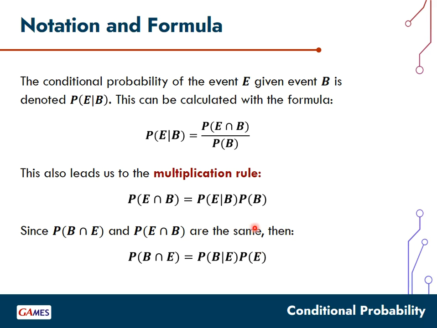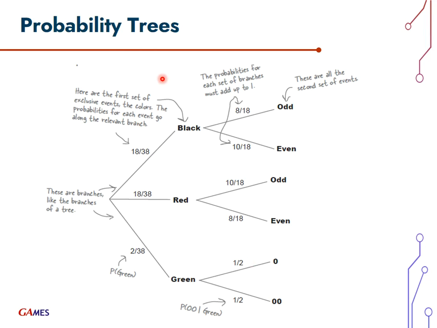But sometimes these probabilities might be very difficult to visualize with Venn diagrams, especially when they get more complicated. So we use what we call probability trees to visualize the probabilities that we have.